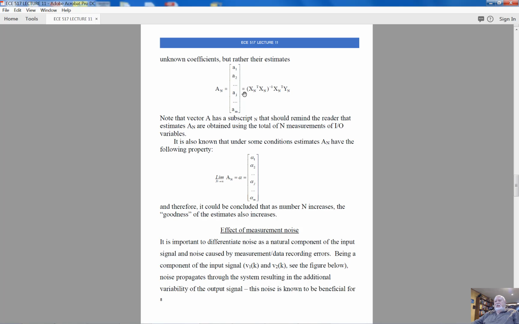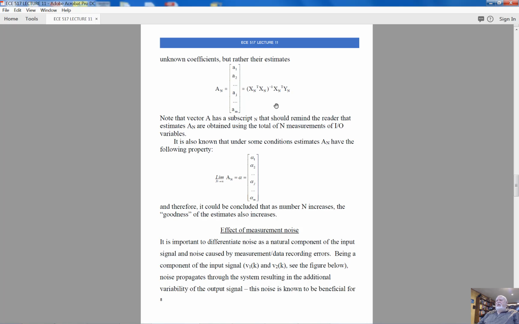And what you can see now is the traditional, conventional solution of the least square method, known to everybody. To obtain unknown coefficients A, I have to take array X_N transposed times X_N. What is the result of this product?